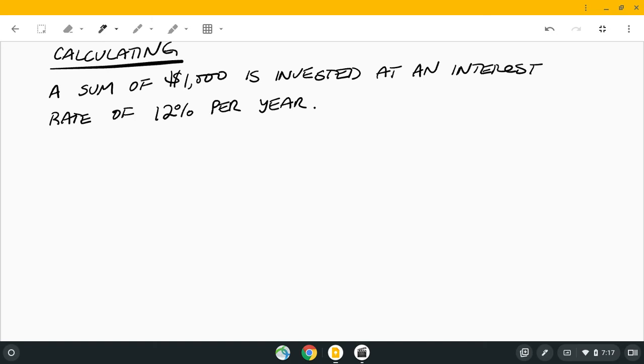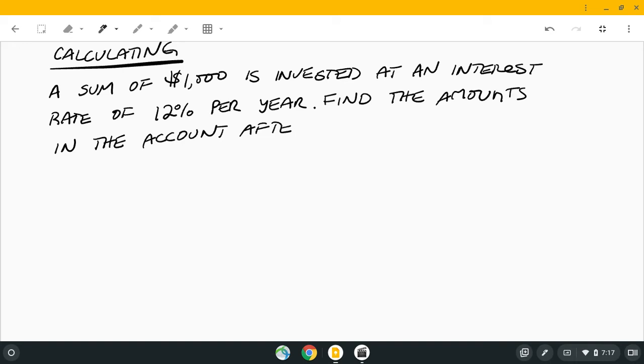Find the amount in the account after 3 years if the interest is compounded.